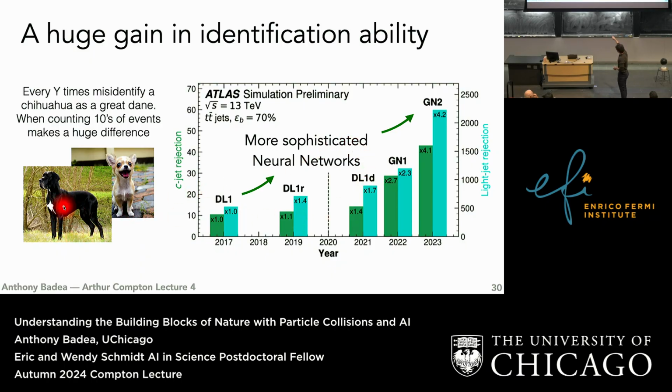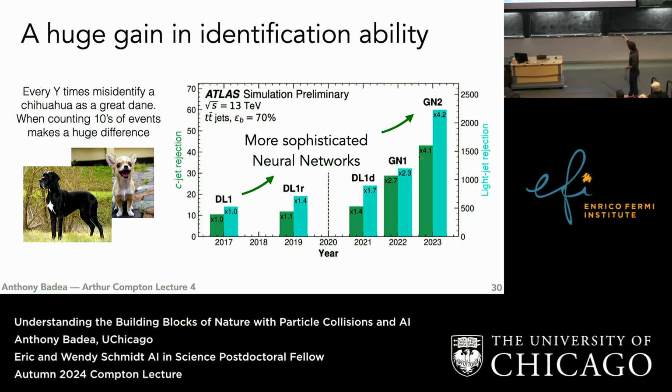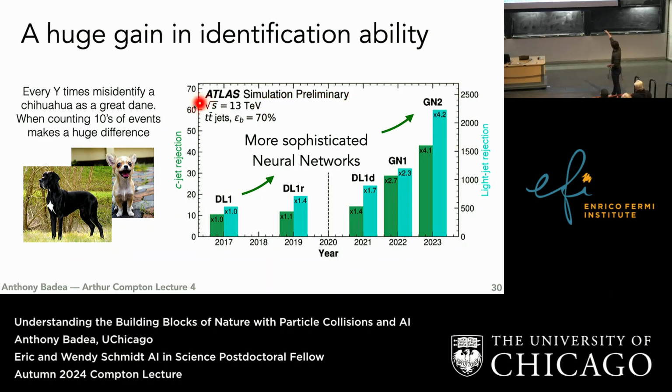The analogy here is these are your B quarks, these are your C quarks and other smaller mass particles, and you ask, if I see 30 chihuahuas, how many times do I misidentify one? You see a great increase here, where every 10 chihuahuas, we say it's a Great Dane. Over here, all the way from last year, it gets up to, for C quarks, every 70 chihuahuas, and for all of the other particles effectively, all the way up to around 2,500.